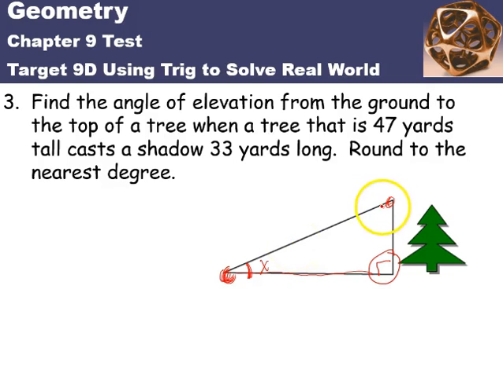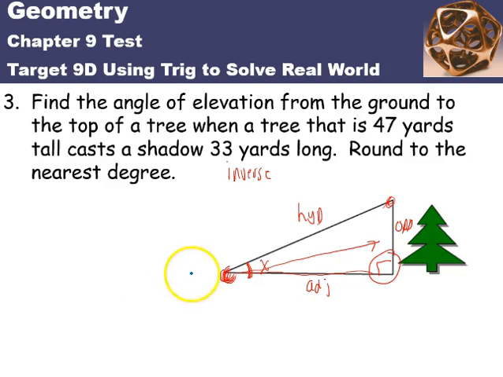So I have to use trig. But again, when you're using trig to find an angle, you have to use the inverse trig functions, right? And again, now we have to label what's across from the x is opposite, and this is the hypotenuse, and this is the adjacent.